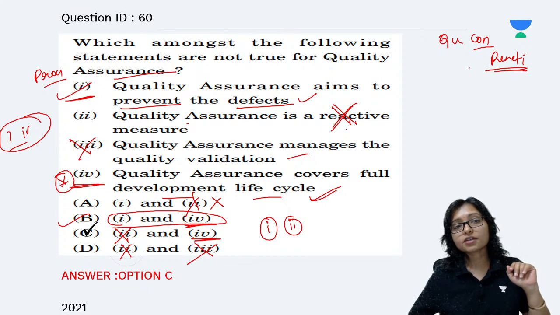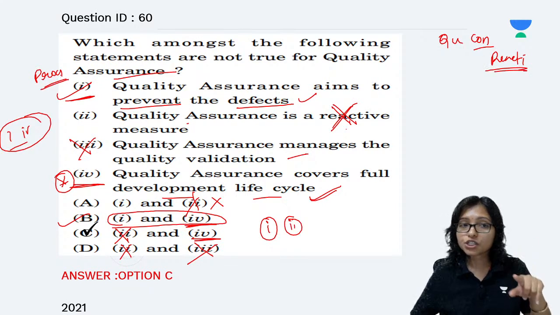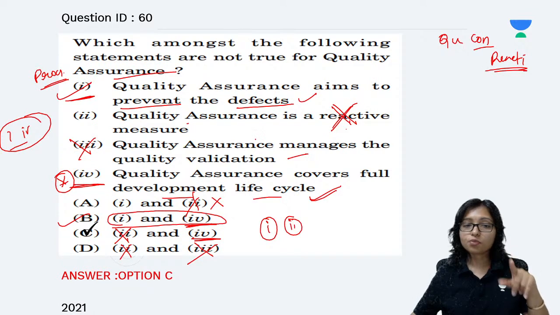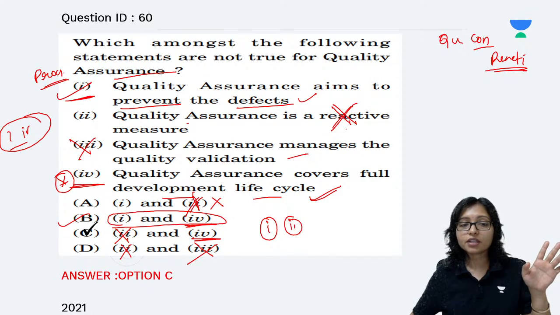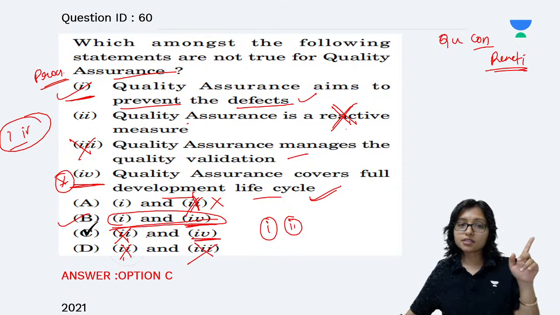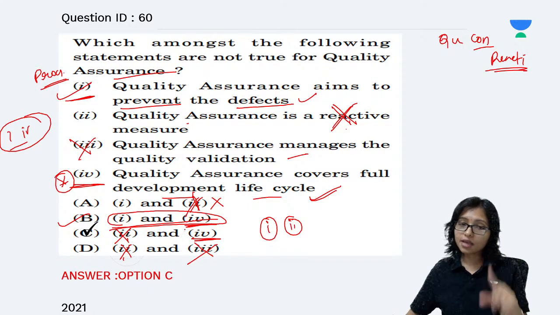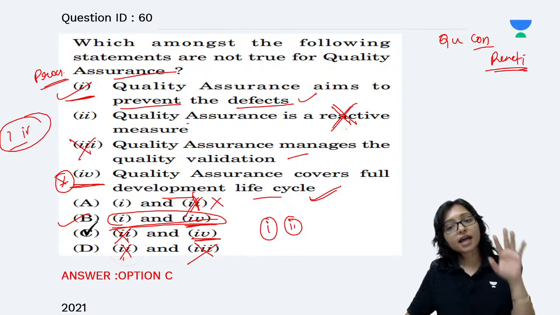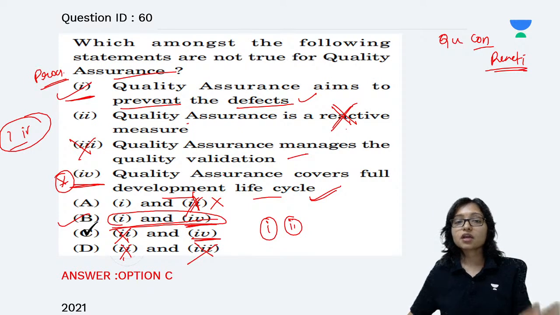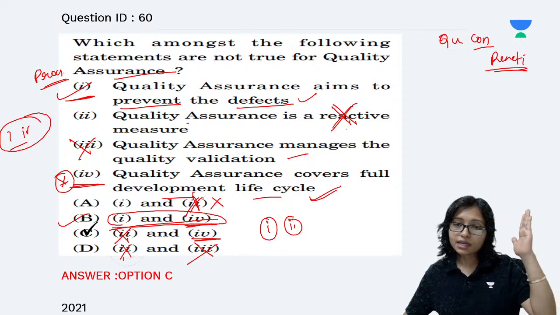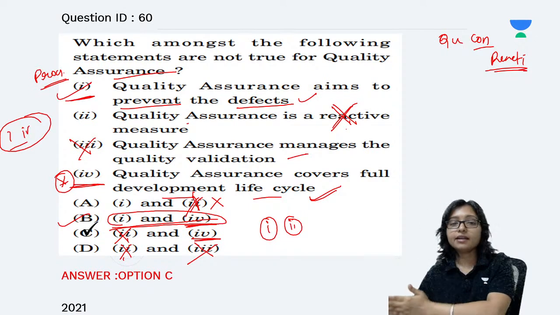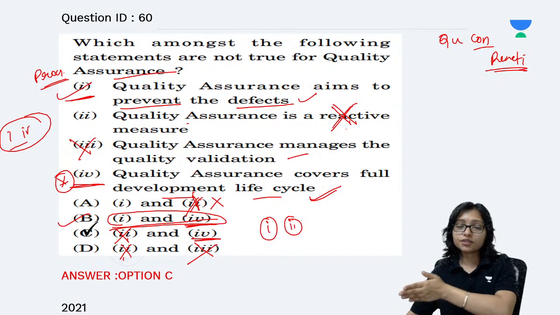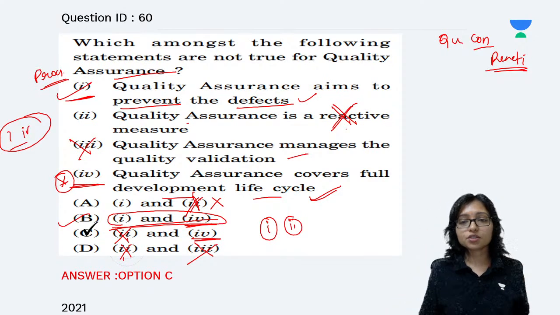Quality control is reactive, quality assurance is proactive. Eliminate option 2. Preventing the defect is throughout the cycle, that is part of quality assurance, and quality control is done at the end after product development. That's why the answer will be this one.